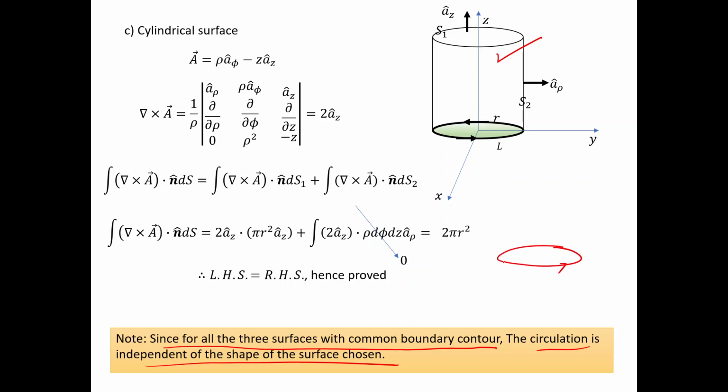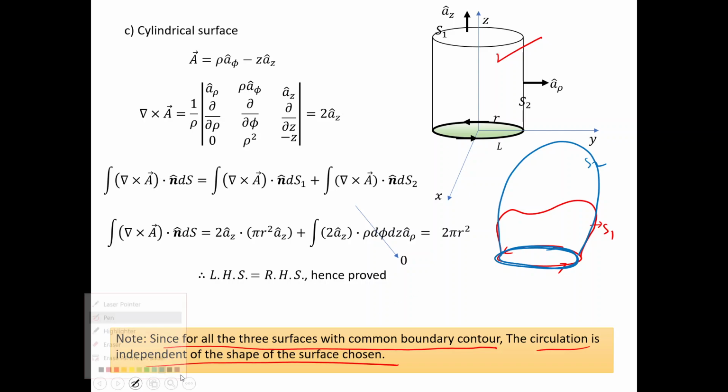If this is the circulation, no matter what is the shape of the surface, let's say this is surface 1, S1, we have another surface S2, all having a common boundary. Just take a third surface S3, in all the three cases, same surface, same value of surface integral.